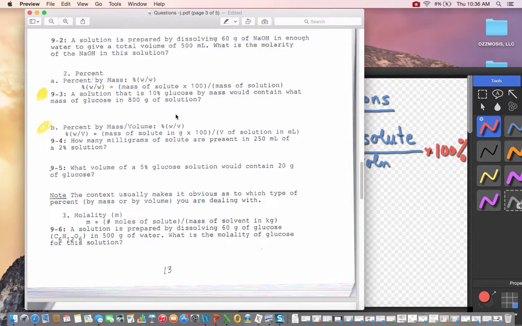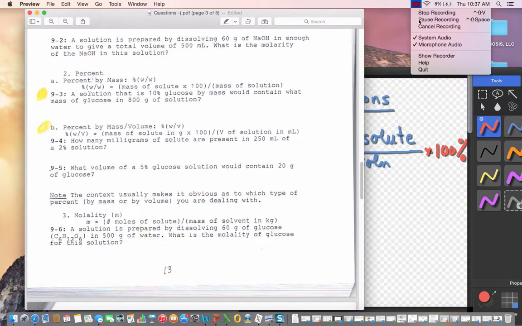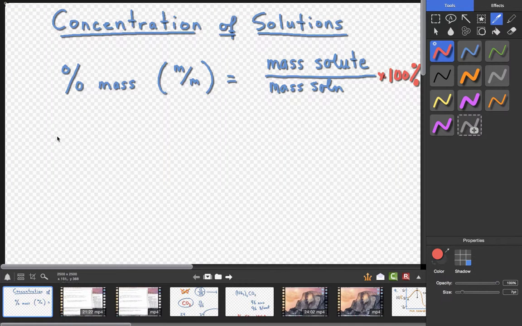So let's look at a problem. We have a solution that's 10% glucose by mass. How much glucose will we have in 800 grams of solution? So if we have 800 grams of solution, and for every 100 grams of solution, I have 10 grams of glucose.